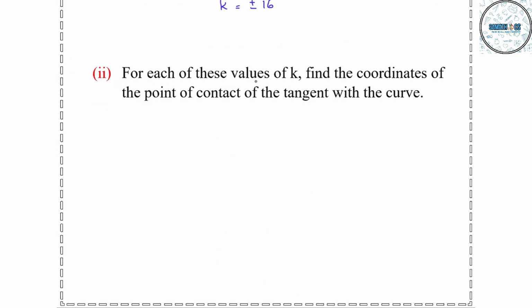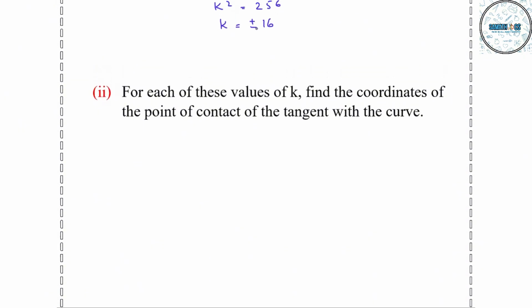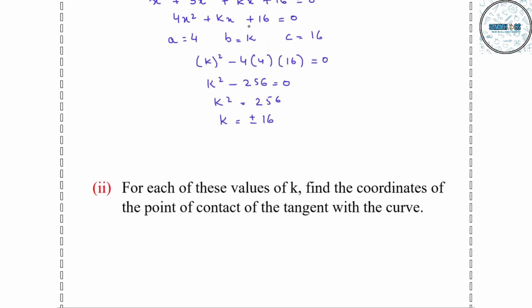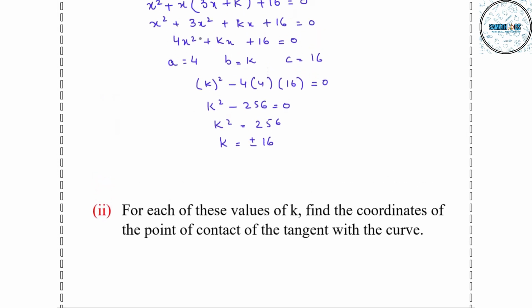For each of these values of k, find the coordinates of the point of contact of the tangent with the curve. So we have got two values of k. K is plus minus 16. We will substitute this value in the quadratic form which we have got after substitution.